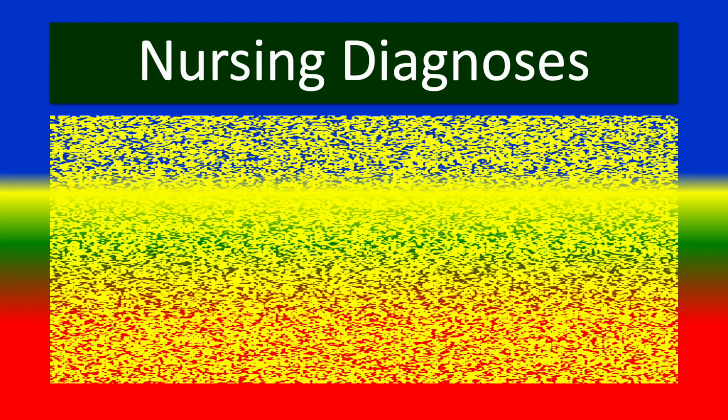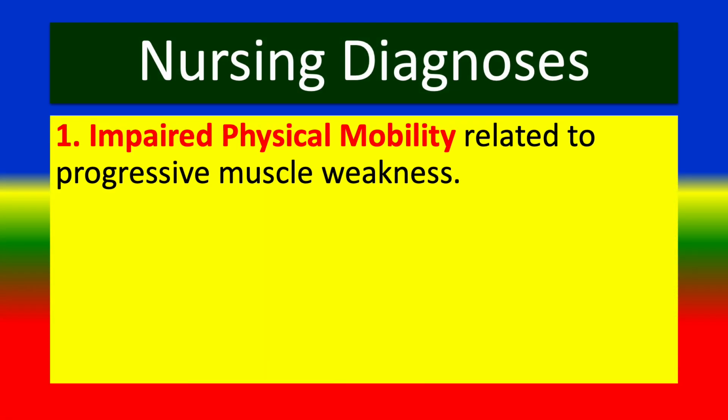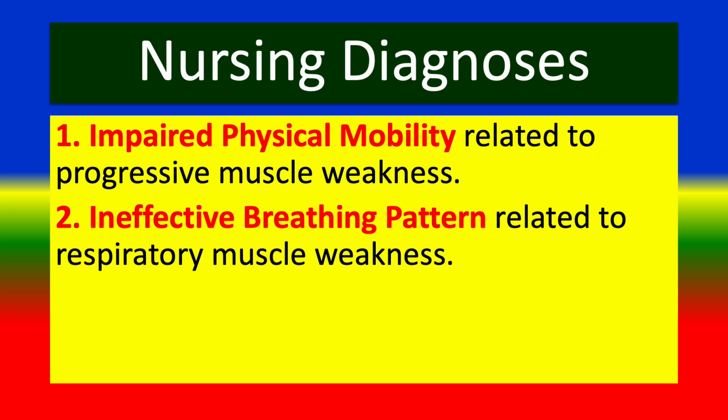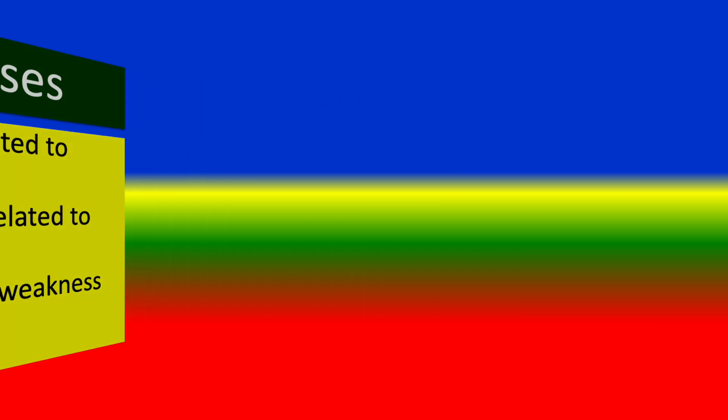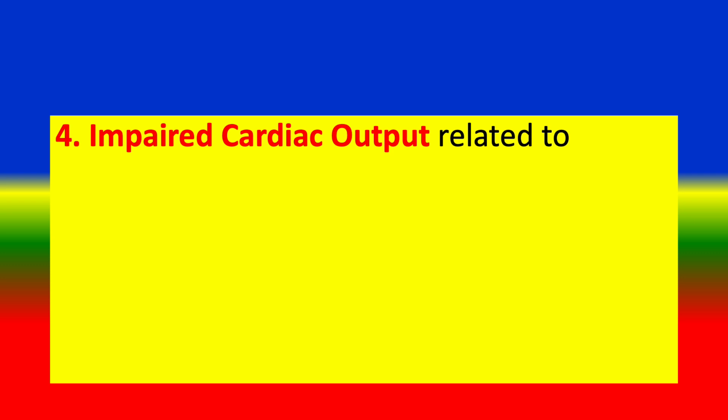Nursing diagnosis. 1. Impaired physical mobility related to progressive muscle weakness. 2. Ineffective breathing patterns related to respiratory muscle weakness. 3. Risk for falls related to muscle weakness and instability. 4.